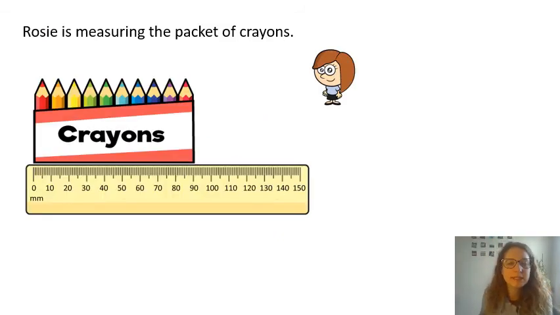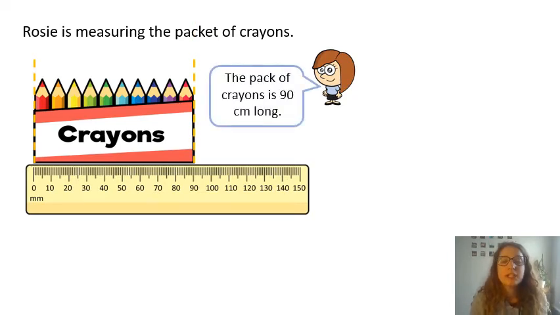Okay, let's have a look at this one then. Rosie is measuring the packet of crayons. Have a look, and can you tell me how big that packet of crayons is? We start at 0 and we go down to the end, so she's lined it up correctly. And she's saying that the packet of crayons is 90 centimetres long. Is she correct? No, it's changed the unit of measure.